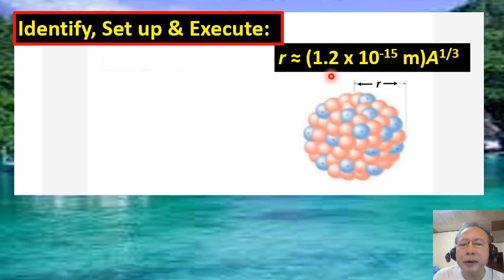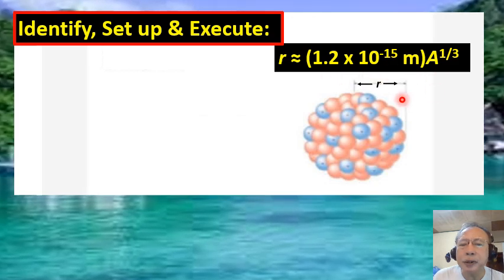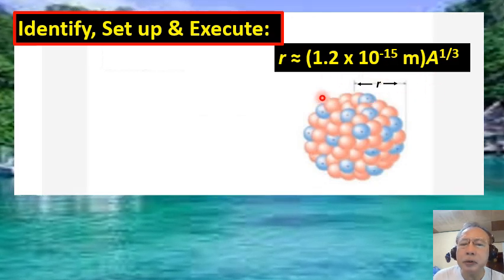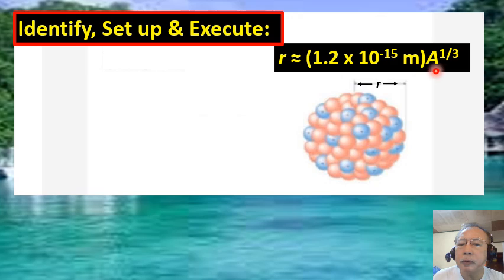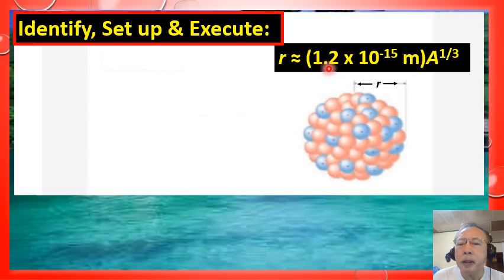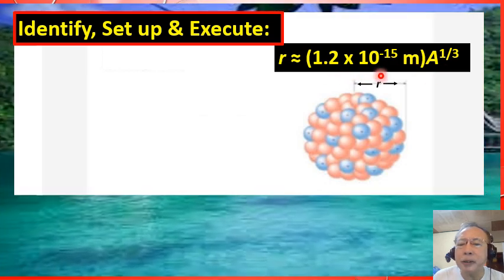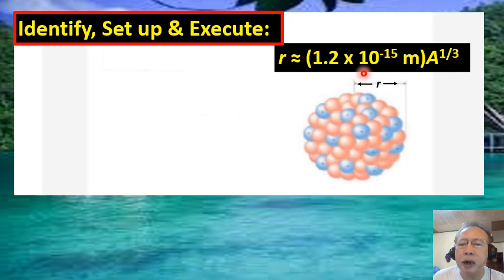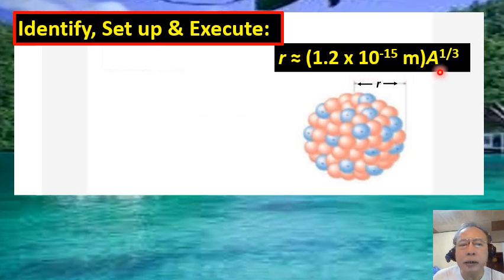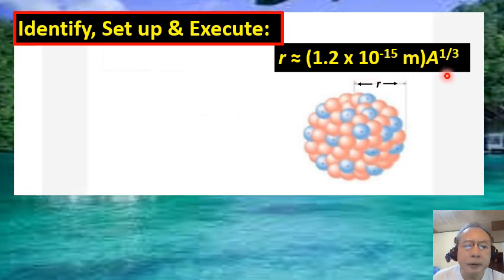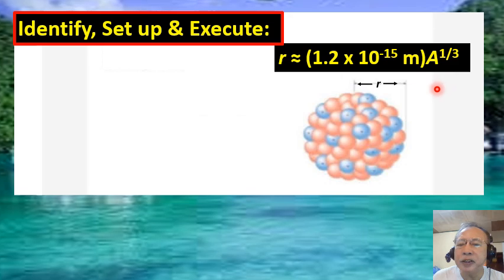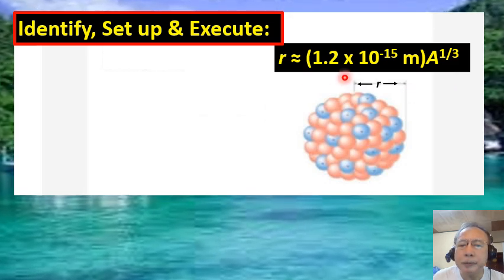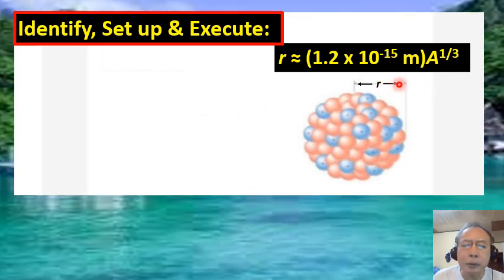Small letter r here refers to the nuclear radius of an atom, and 1.2 times 10 to the negative 15 meters is actually a constant, while capital letter A refers to the mass number of the atom.